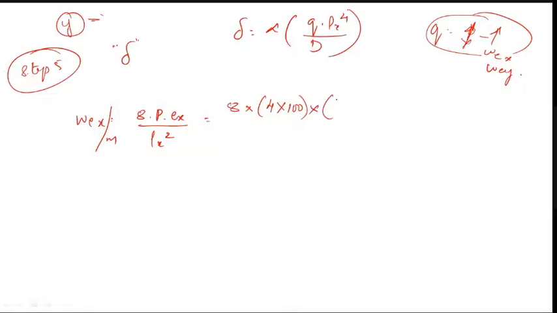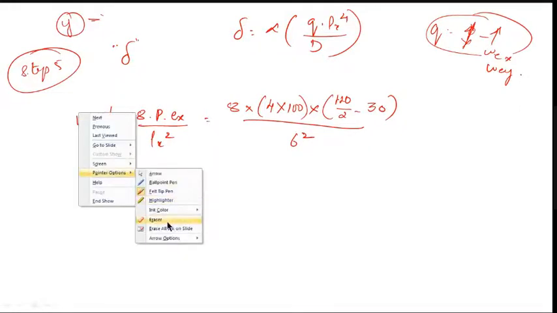Ex is given by half of the slab width, that is 120 by 2, minus cover, which is 30, divided by Lx square, which was 6. Otherwise I will do it in a very simple format in a second.